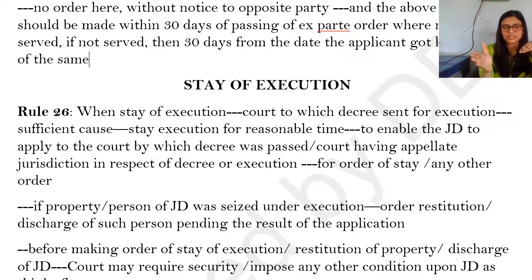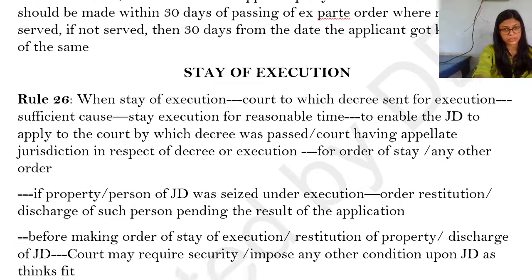Where it was sent for execution, they can stay it to give the JD time to apply to the court by which the decree was passed, or an appellate court, for stay or anything. While the stay is in operation, if something was seized, then restitution or discharge can also be done. Before making that order, the court may require the person to deposit certain security, or certain conditions may be imposed on the JD as the court thinks fit.